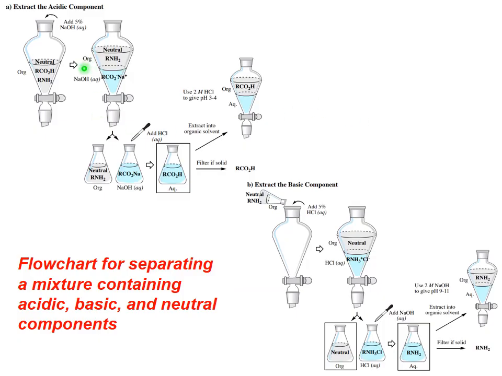A more complex flow chart is here. I have neutral compounds, I have an acid, I have a basic compound. I am adding sodium hydroxide. My neutral compounds and my amine go to the organic phase.